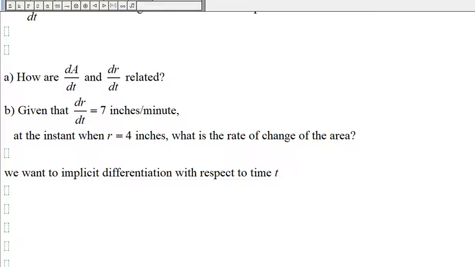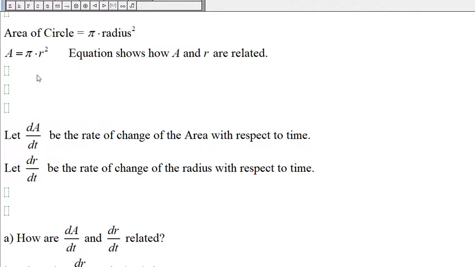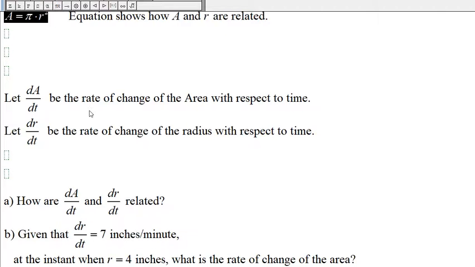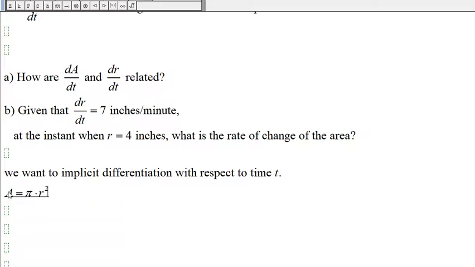We want to do it with respect to time because the area changes with respect to time, and the radius also changes with respect to time. So here we have this equation, and we'll do implicit differentiation with respect to time.